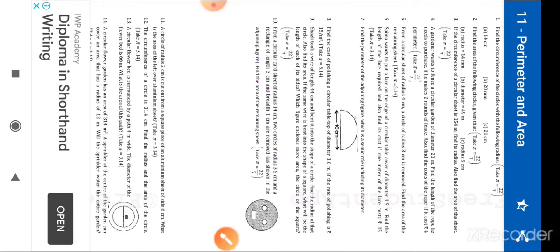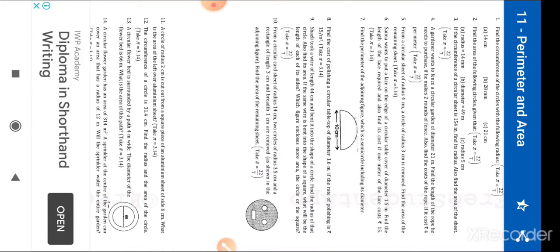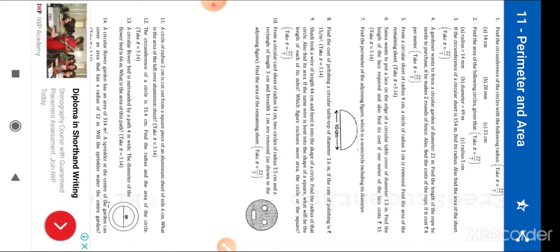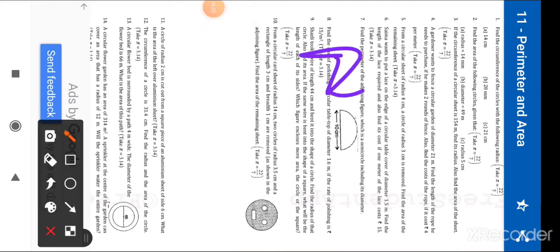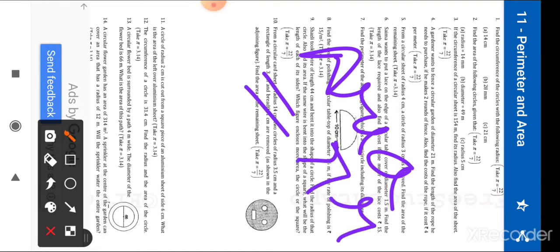Find the cost of polishing a circular tabletop of diameter 1.6 meter if the rate of polishing is rupees 15 per meter square. To find out the cost of polishing, first we have to find out area of the circle. So area of the circle is pi r square.